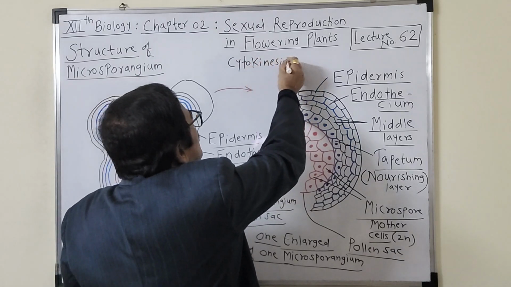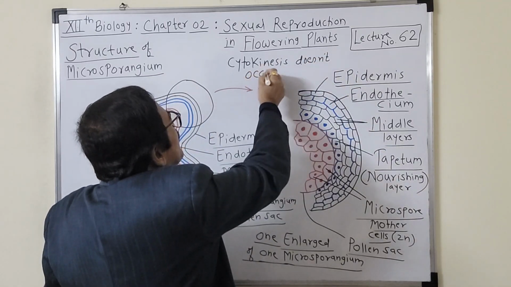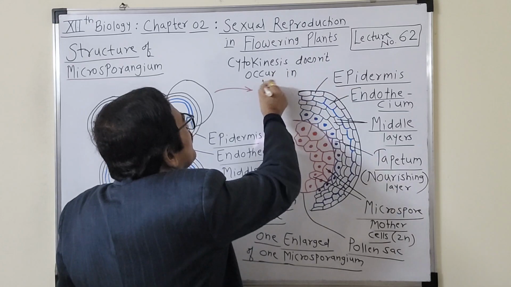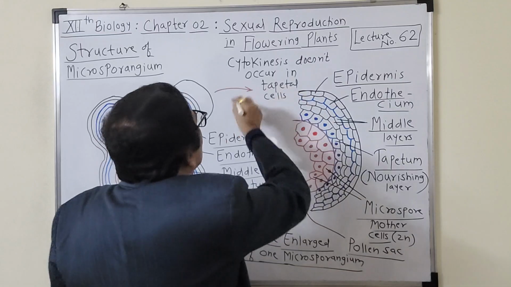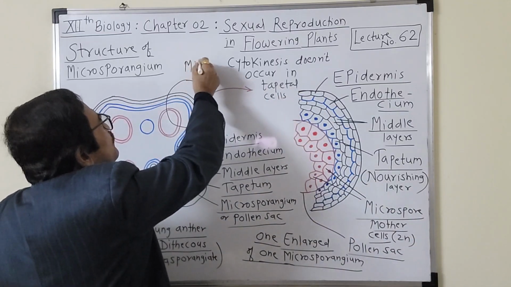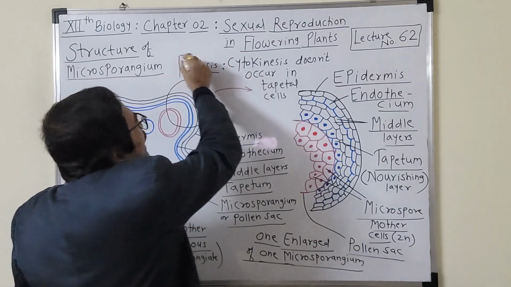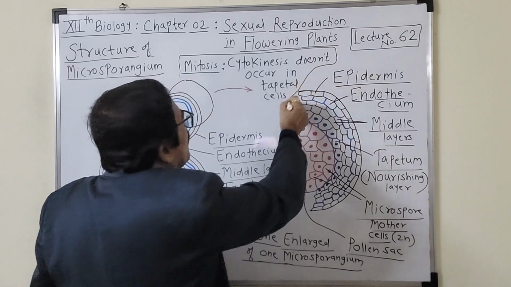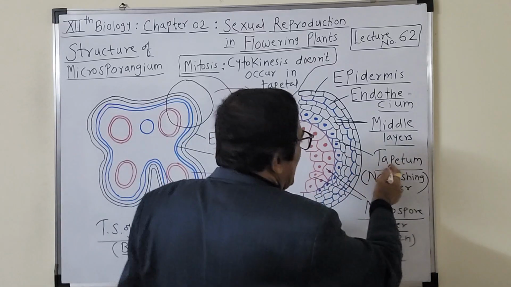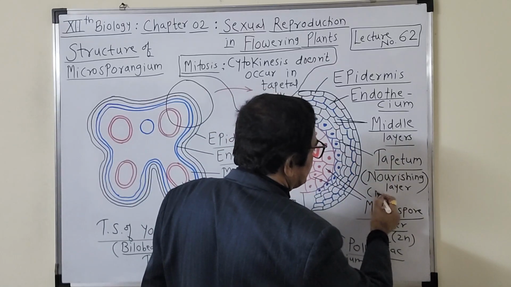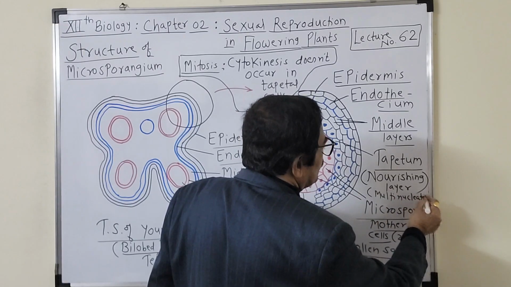Cytokinesis does not occur in tapetal cells during mitosis. ये माइटोसिस जब होता है हमारे tapetal cell में, then at that time cytokinesis does not occur. And that's why you will say that hence tapetal cells are multinucleate. एक से ज्यादा न्यूक्लियस क्यों है?